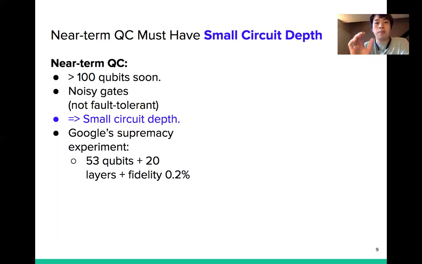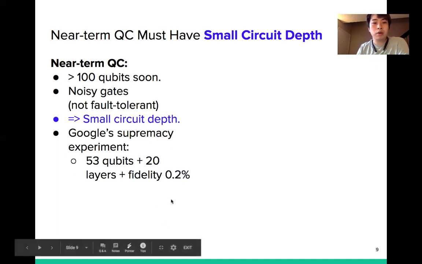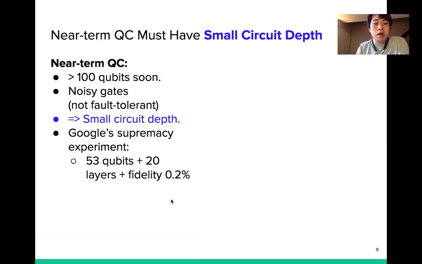So you cannot operate on the same qubit too many times, and the circuit depth can only be small. For example, in the Google supremacy experiment, they only have 53 qubits and only 20 layers. And the fidelity is very bad, it's only 0.2%. So it implies that 99.8% of the output is just noise.